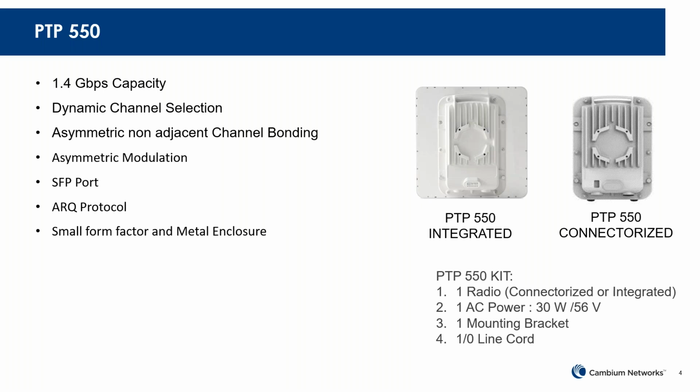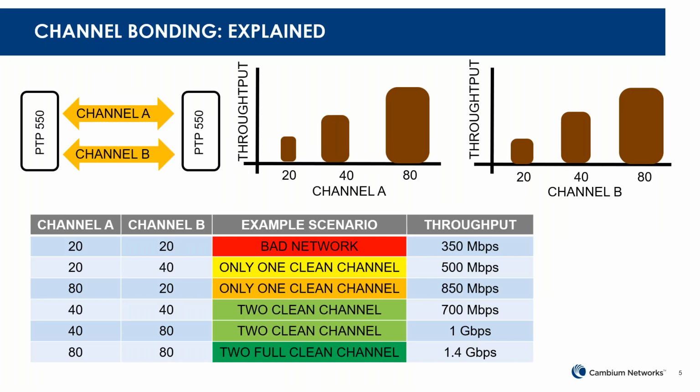So let's talk about channel bonding, because that is a very, very unique thing on the 550. As I said earlier, we support different channel sizes, and channel A and channel B are totally independent. The channel sizes we support are 20, 40, and 80 megahertz, so you can have all different combinations. Here we list the combinations.